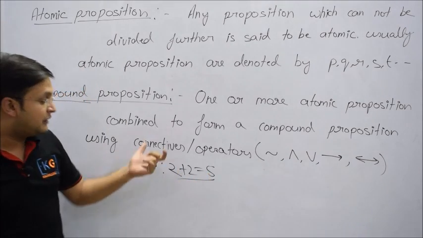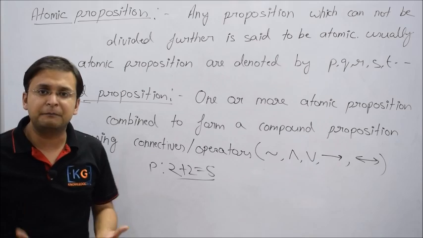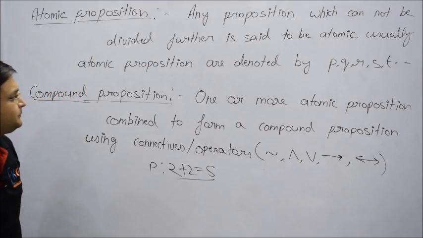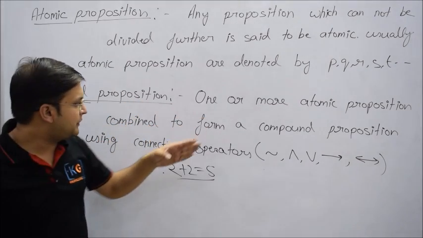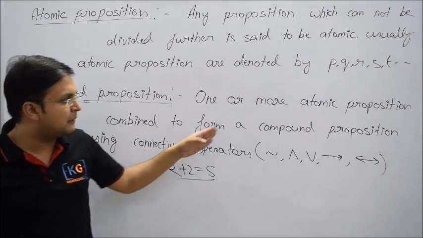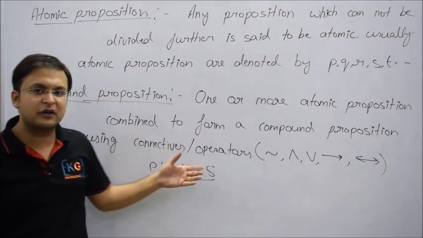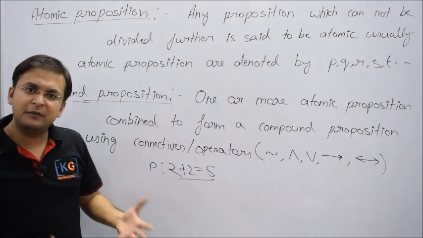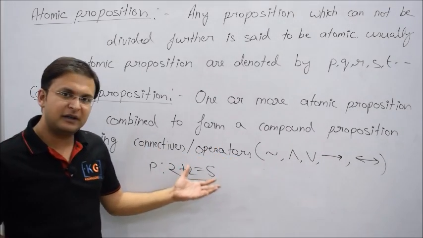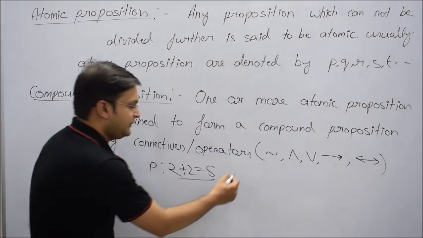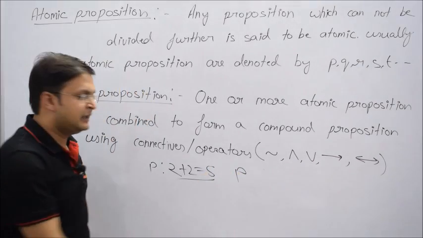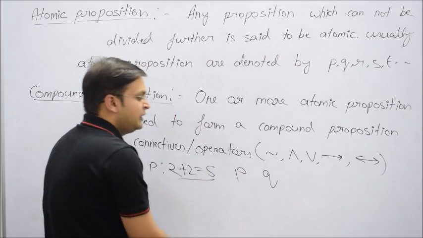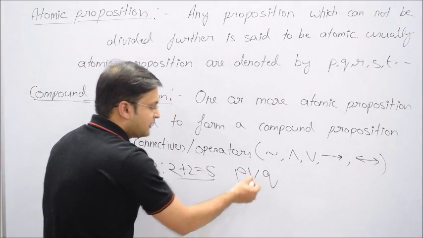Okay, now if this is an atomic proposition, what is a compound proposition? It says that if one or more atomic propositions are combined using connectives or operators, which are the basic mathematical operators available in logic, they form a compound proposition. For example, if there is an atomic proposition P and some atomic proposition Q, and let me put an OR between them.